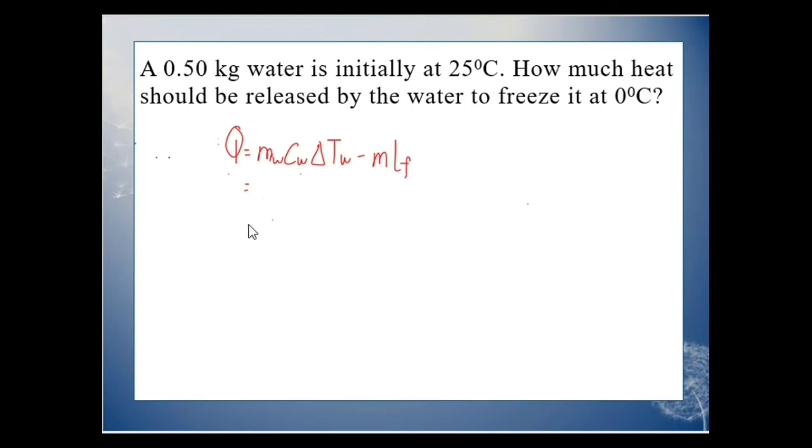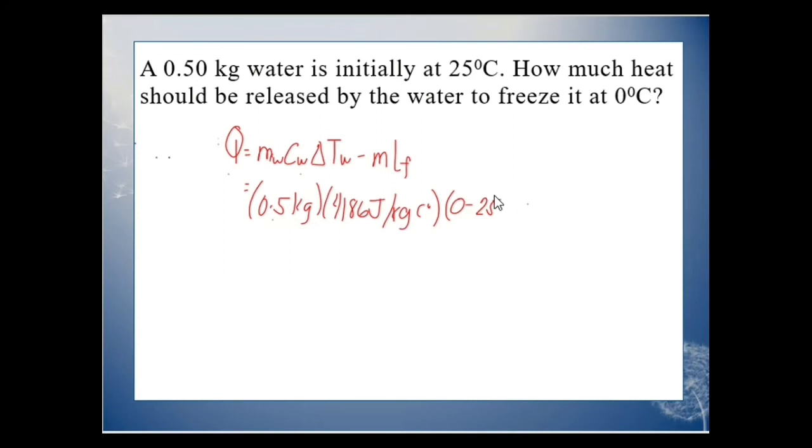So let's write it down. Mass of the water is 0.5 kilogram. The c of water is 4,186 joule per kilogram Celsius degree times ΔT, again from 25 to 0. So it's final minus initial. Our final is 0 minus 25.